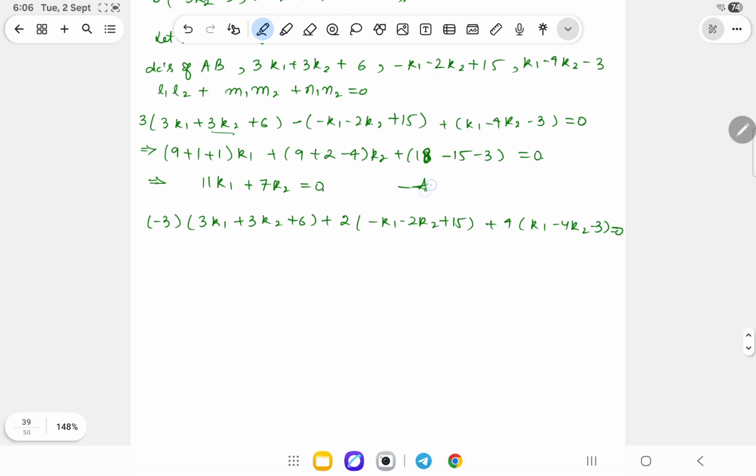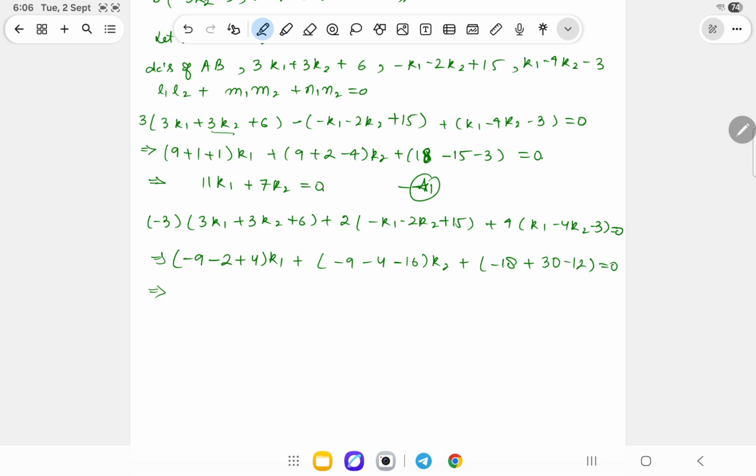And if I simplify it, I'll be getting minus 9 minus 2 plus 4 k1, plus minus 9 minus 4 minus 16 k2, plus minus 18 plus 30 minus 12 equals 0, which basically gives me 7k1 plus 29k2 equals 0.